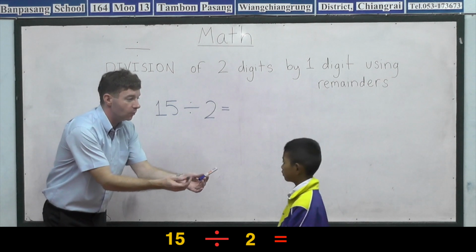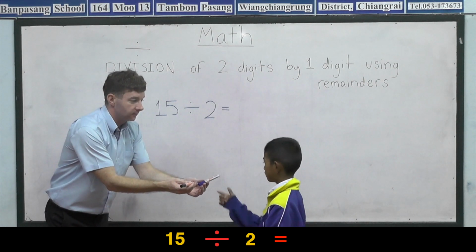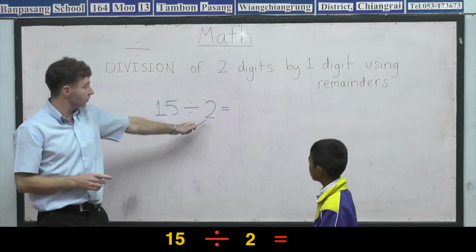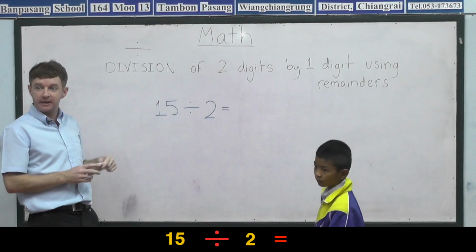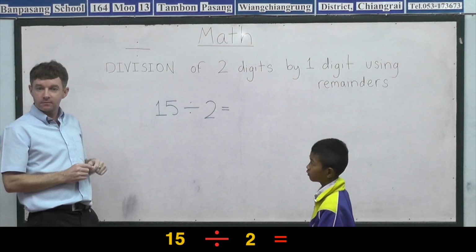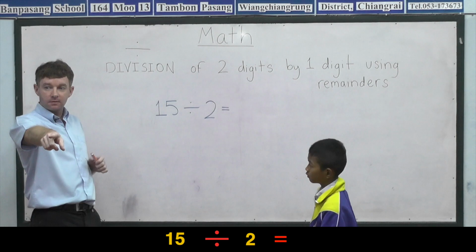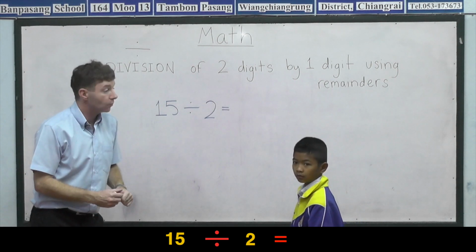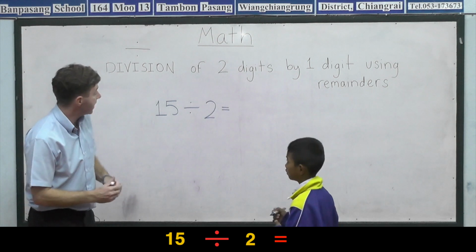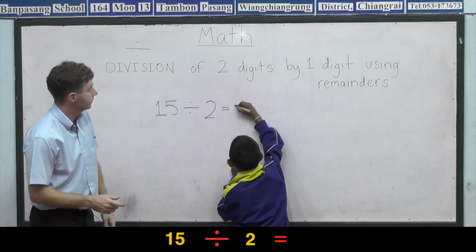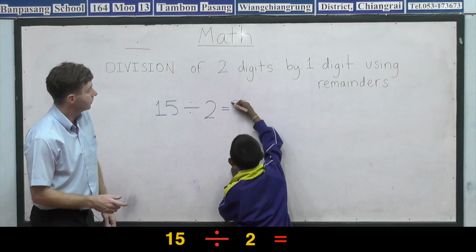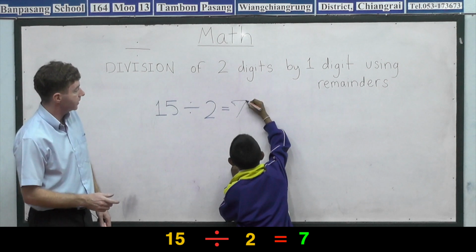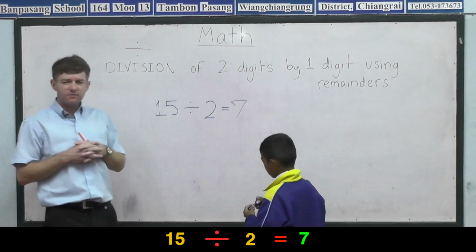Would you like blue or black? Blue. Okay. So what do we need to do? How many times will 2 go into 15? 7. So we can say our answer is 7. Okay, Pat, so you can write 7. But are we finished?